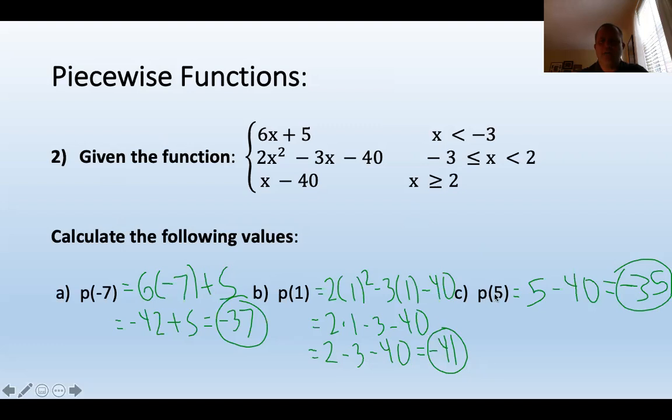P of 5 falls in the range of being greater than or equal to 2. So we want to substitute 5 in for x for the bottom equation. So 5 minus 40 is negative 35, which would be our result there.